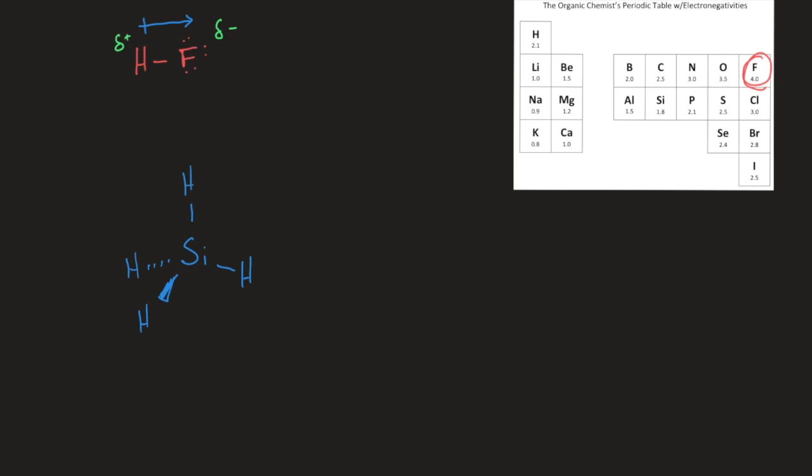If we want to look at the electronegativity values, we could do that, and we have hydrogen that's 2.1 minus silicon that's 1.8, and so that is a 0.3. So that bond is nonpolar, and I'm not going to write anything to indicate a dipole moment with positive and negatives because it doesn't exist for a silicon-hydrogen bond.